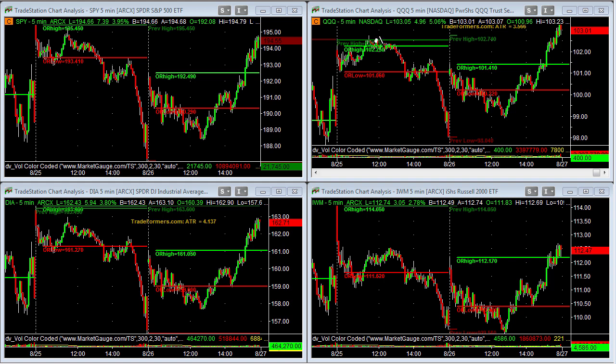So the Qs yesterday looked like they wanted to break out, but if you look at the SPYs, they never took out their opening range high. When the Qs finally came back into their opening range, which becomes a negative, the SPYs were already down near the low of the day. Same thing with the diamonds, and same thing with the IWMs.